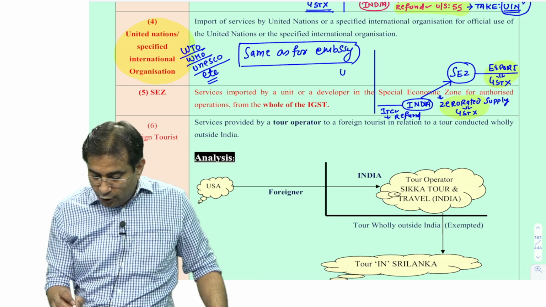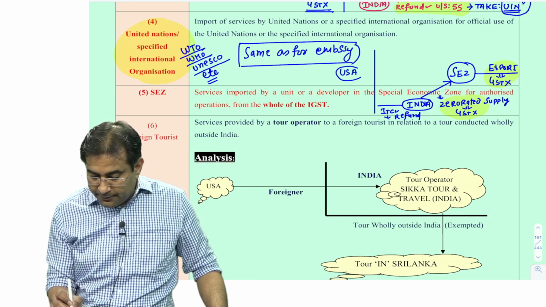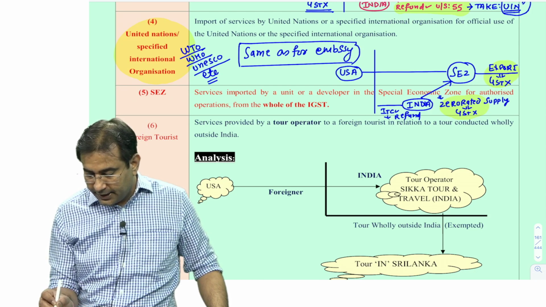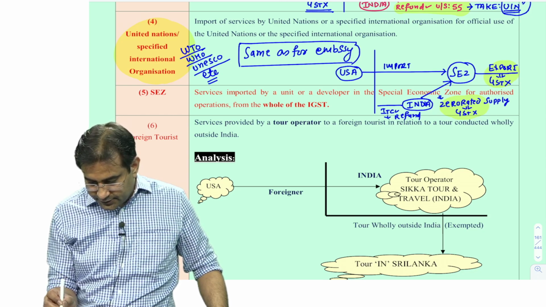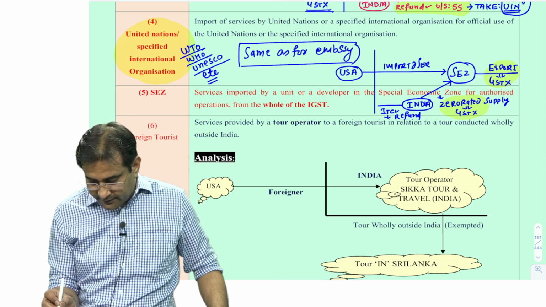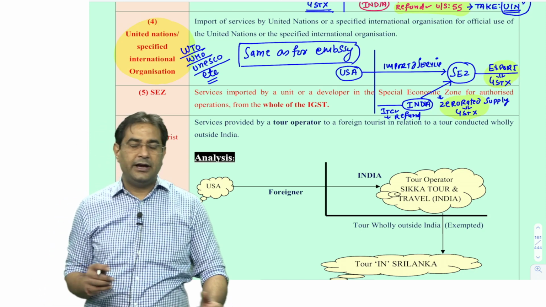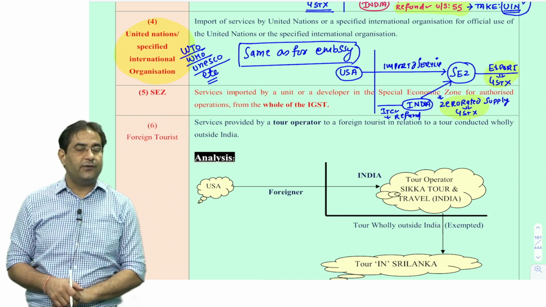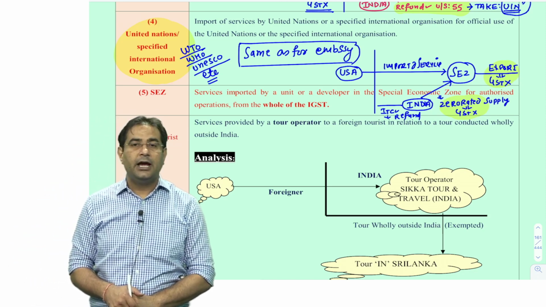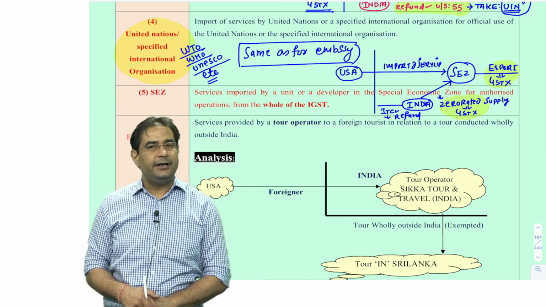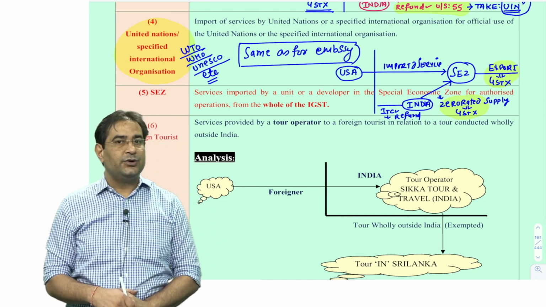Suppose SEZ imports some services from the USA. Generally, we have seen that import of services falls under the reverse charge mechanism, the recipient is liable to pay GST, and the recipient is required to have mandatory registration under section 24.